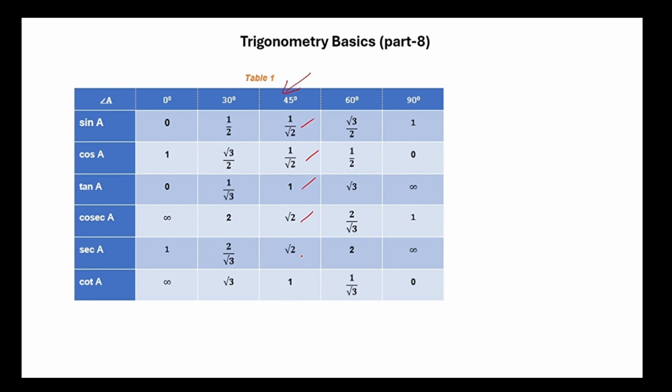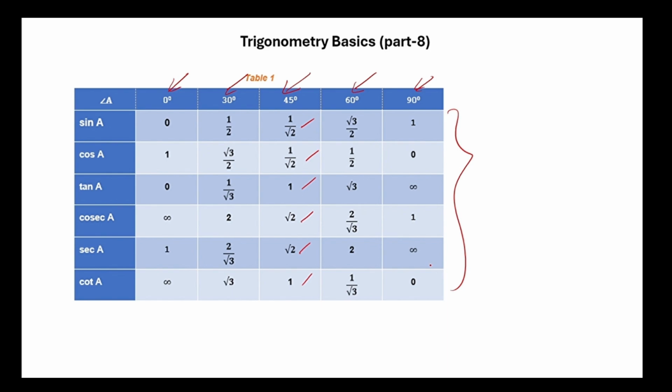Now, if you use the concept of an equilateral triangle as two right angle triangles, you can find the values for 60 as well as 30. And similarly we can find 0 and then 90.